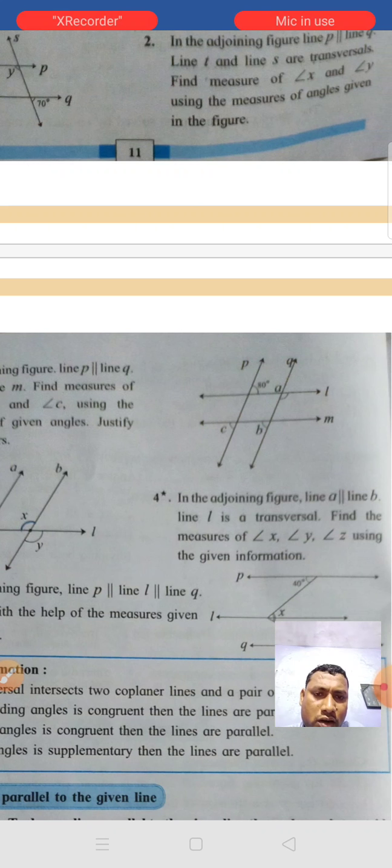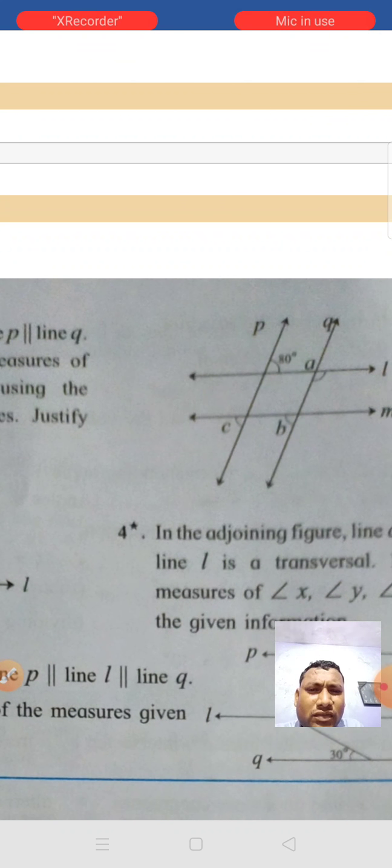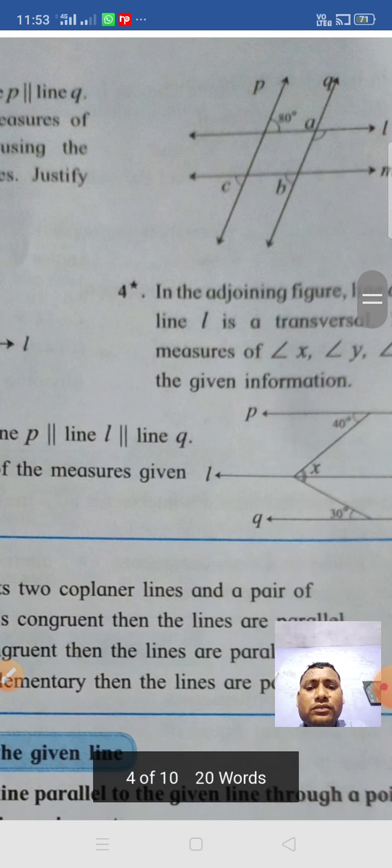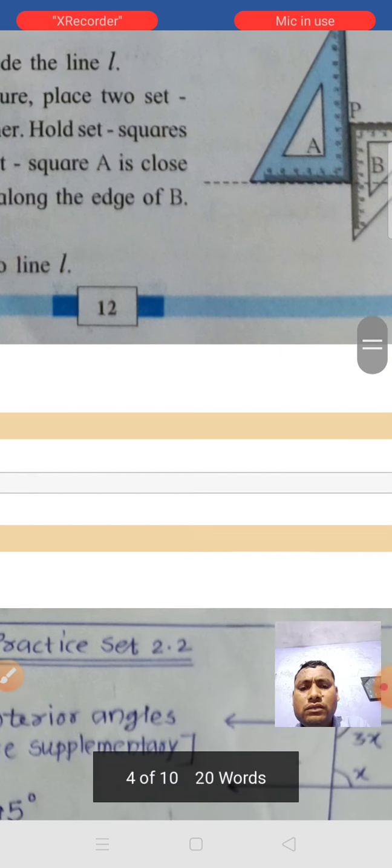See the figure. Line L is parallel to line M and also lines P and Q are parallel. Angles are given here. See here, 80 degrees is given, and you have to find the values of A, B and C. Now how to get this answer?